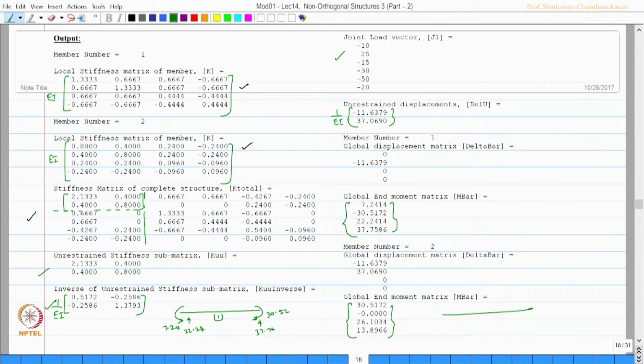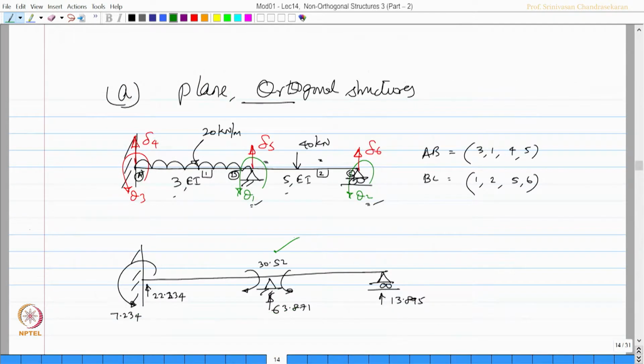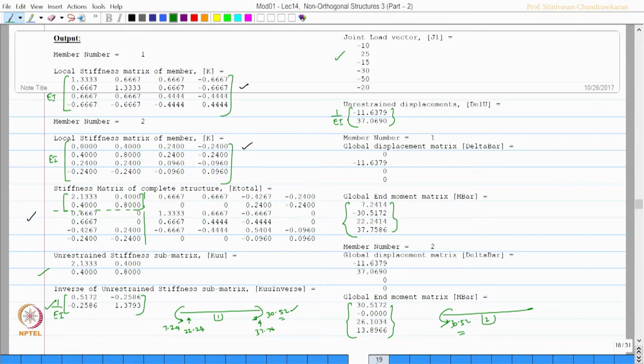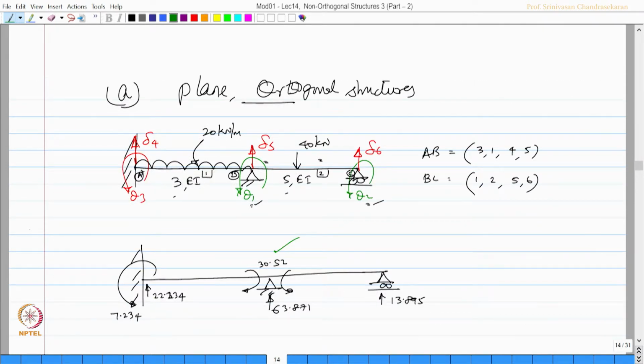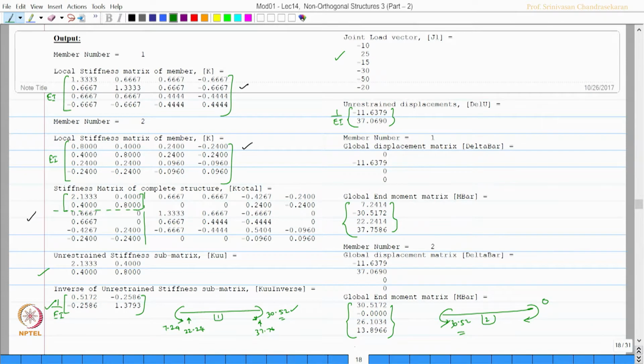For the member 2, you will see that this becomes 30.52, which matches with this. The answer we have, which we already solved, and this is 0 because it is a simply supported end for the problem. See here, the simply supported end for the problem, therefore the moment is 0 there, which we get here.